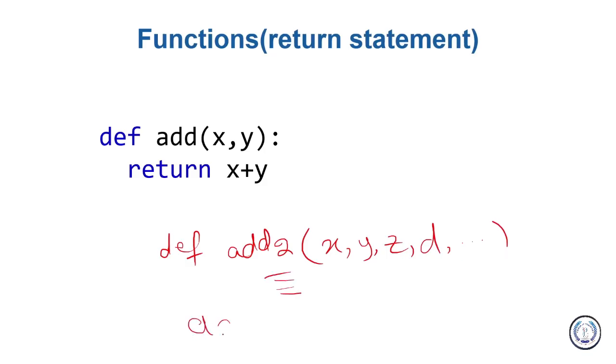Then anybody who wants to call this add2, if that person gives two arguments, then just 2 should be added. If the person gives 3 arguments, then 3 should be added. I mean, the person can give an arbitrary number of arguments. How can we handle that?